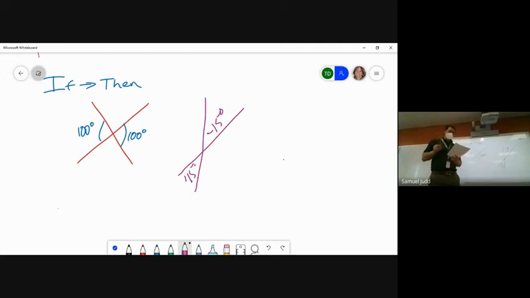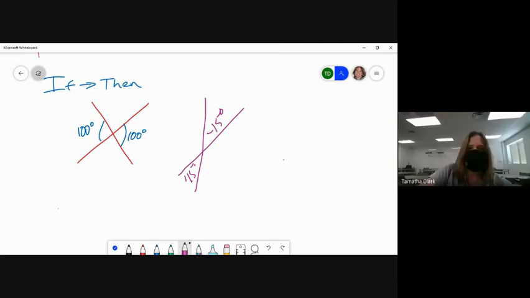If two angles are supplementary, then they form a linear pair. Well, we know that, let's see. Let me think for a minute. I'm going to draw. So if I have a linear pair, that means that they share a side.